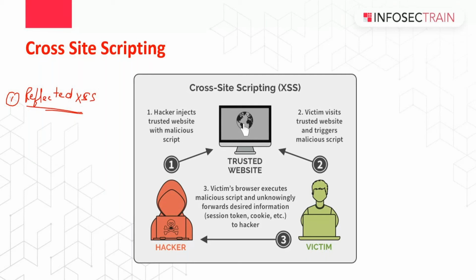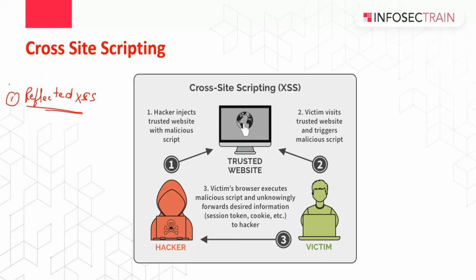If you fall into the trap of those links, you will click it and then it will get executed. So in reflected cross-site scripting, the attacker sends a URL containing malicious JavaScript to the victim, and when the victim clicks the link, the script is executed in the browser.